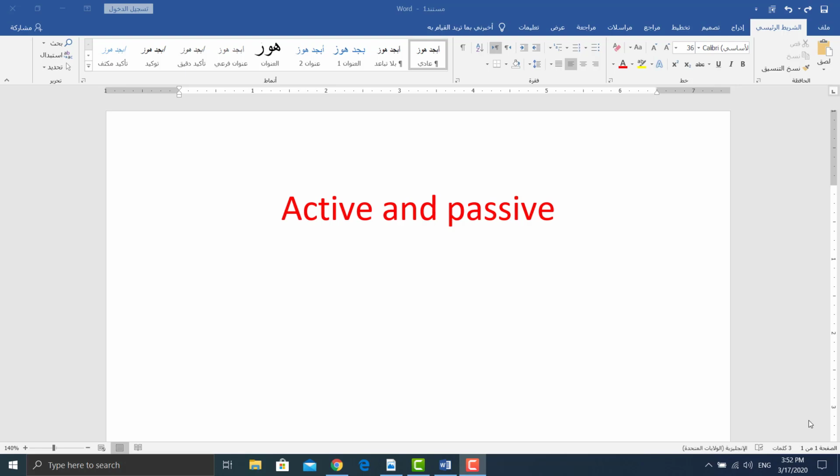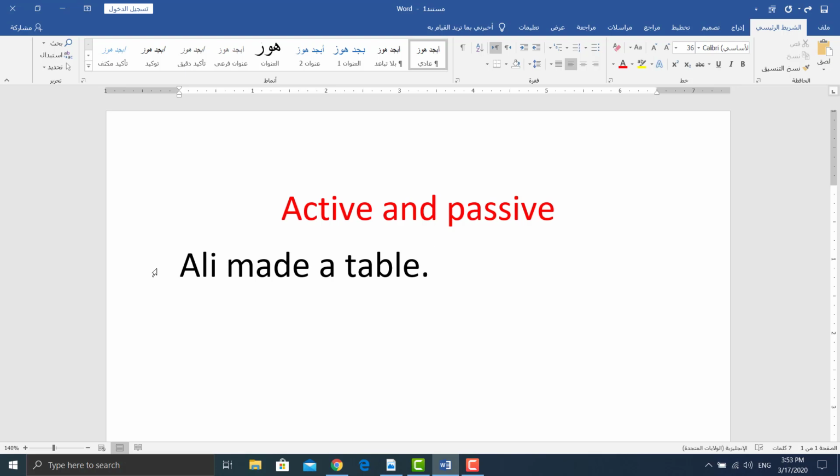Yes, we had this lesson last term with the present simple tense. Who can remind me what are the differences between active and passive? Okay, let me make it simple. When I say Ali made a table, what's the type of this sentence?